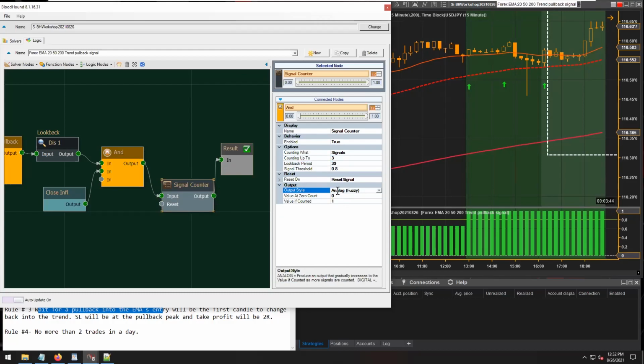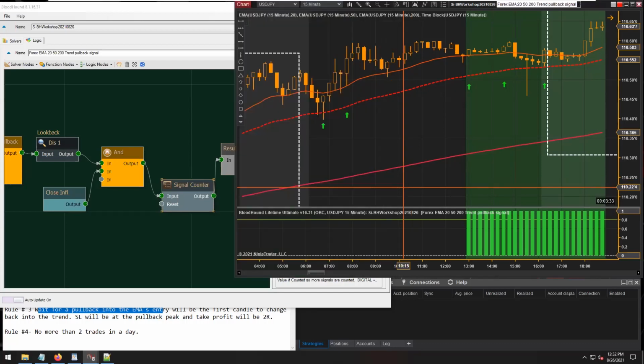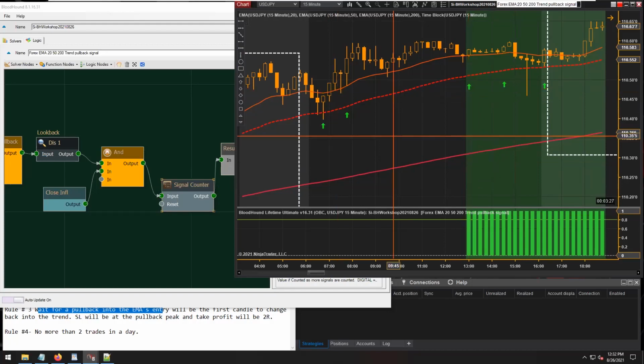Right now it's defaulted to fuzzy logic mode, so let's switch this over to digital mode. And now, there we go. Once we get to the third signal, that's when we want to start blocking, from the third signal onward.